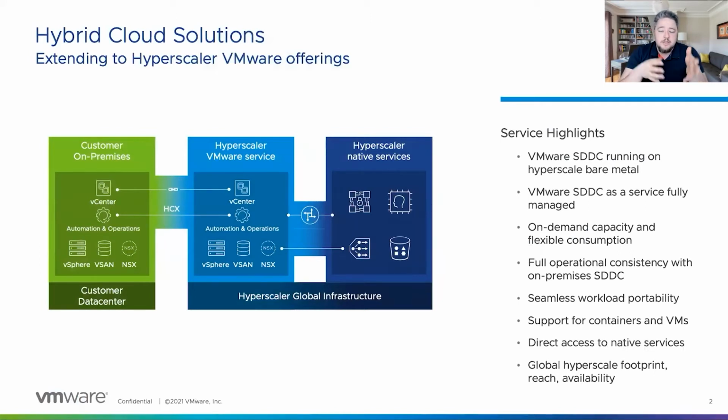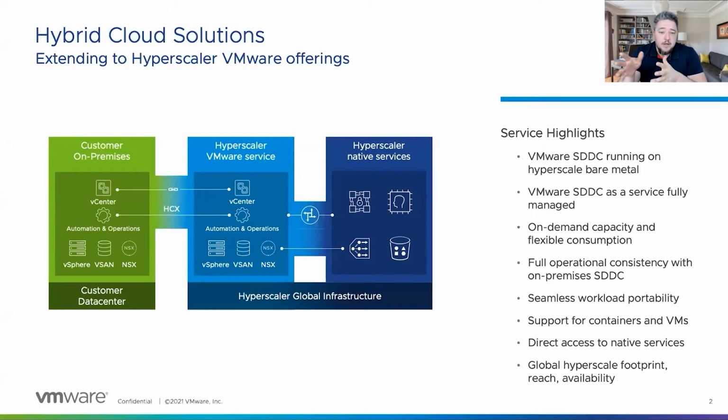On the left side, we can see the customer on-premise data center using VMware's best-in-class Cloud Foundation stack, a unified software-defined data center platform that integrates VMware vSphere as the best-in-class hypervisor, VMware Virtual SAN as software-defined storage, and NSX as a software-defined networking technology.